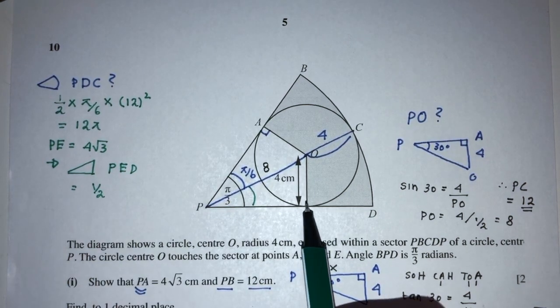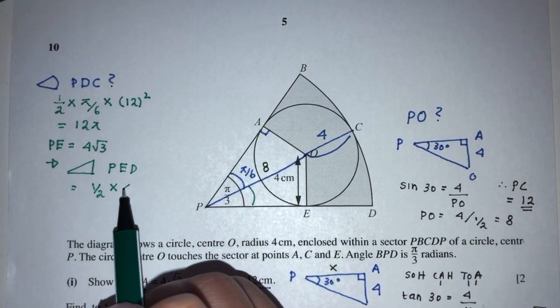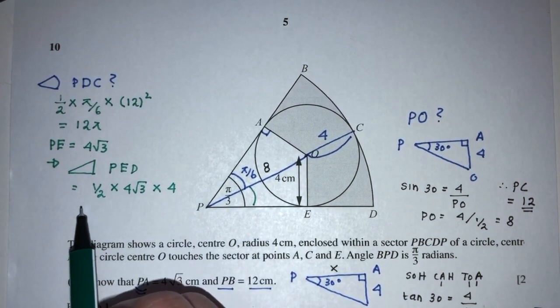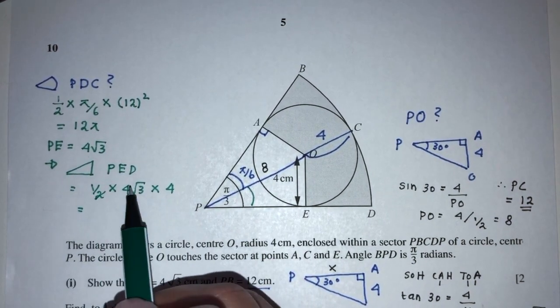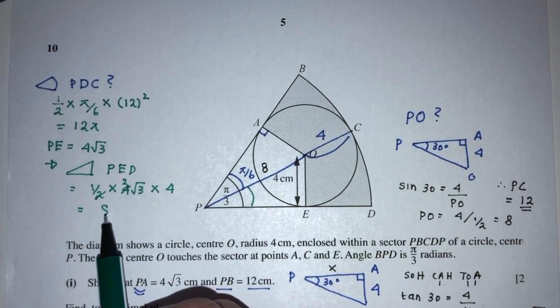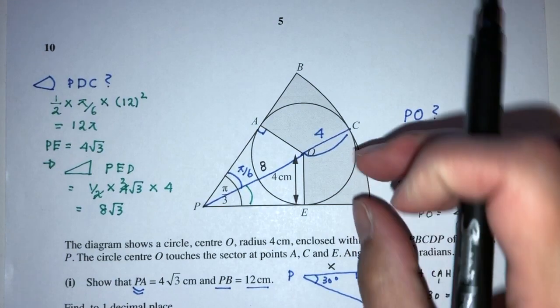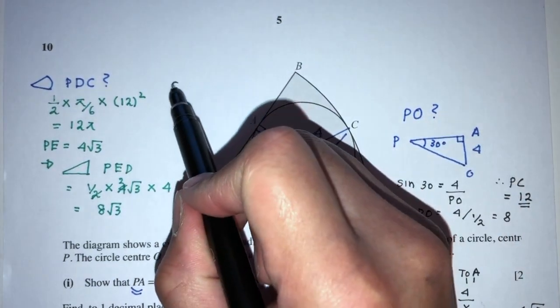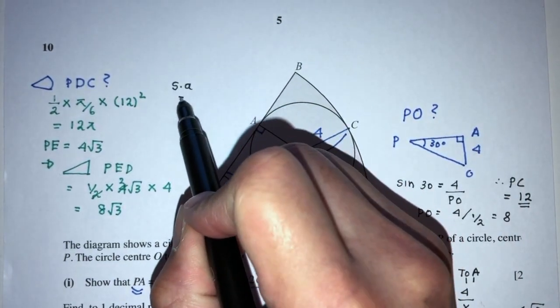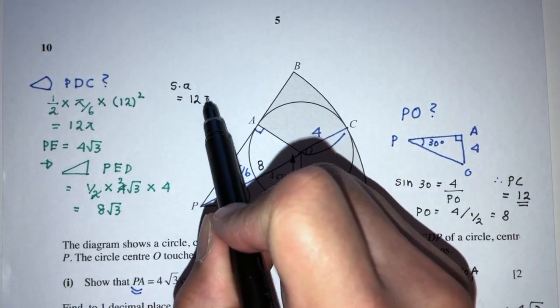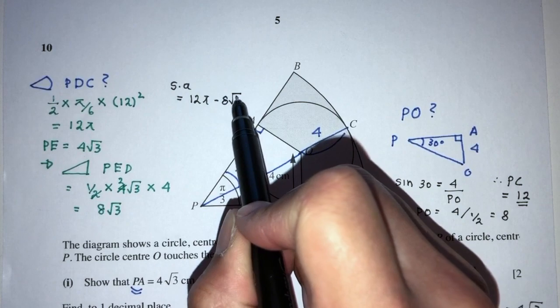Because it is a right angle triangle, we can just do half times base and times height. The height is 4. And that will be, let's cancel out 2, that should be 8 root 3. So finally we conclude that the area of this region here should be the big area, which is 12 pi minus 8 root 3.